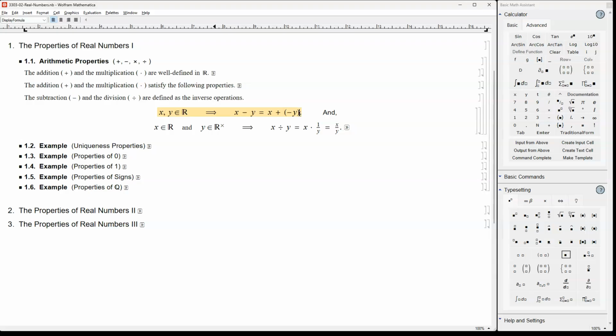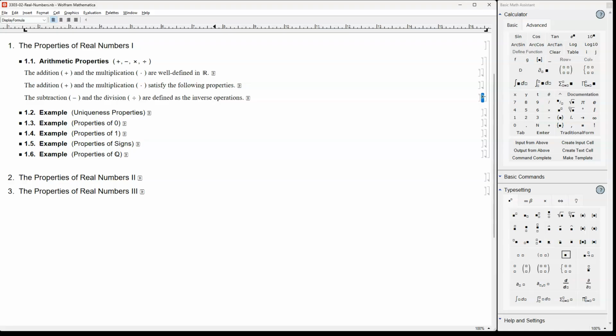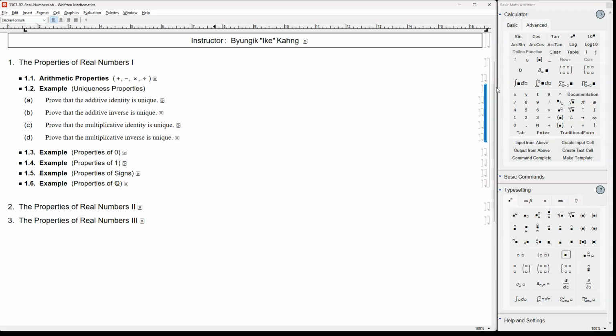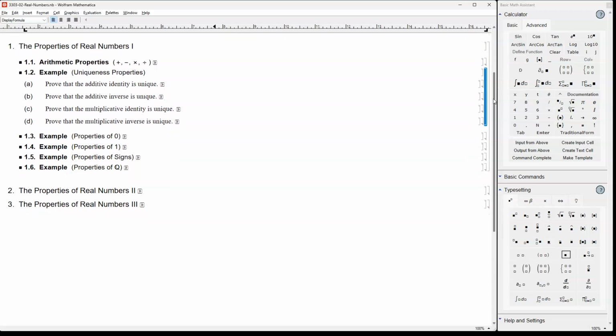So now it's well defined. Same goes for the division. 1 over y, the multiplicative inverse or reciprocal, is unique for given y, so we can define the division like this. So all these are well defined, provided that we prove that additive identity is unique, additive inverse is unique, and so on.